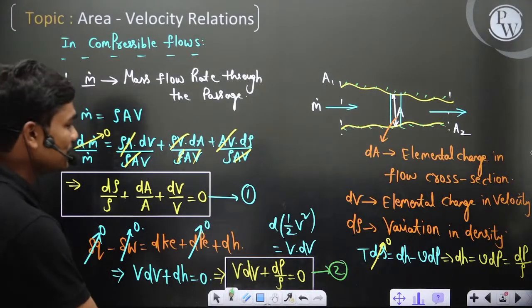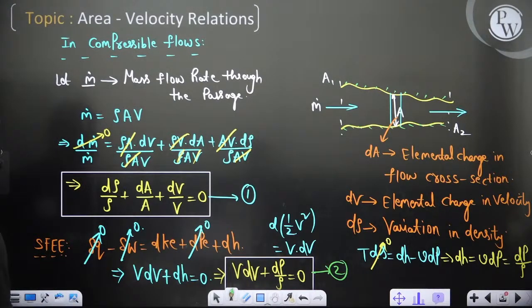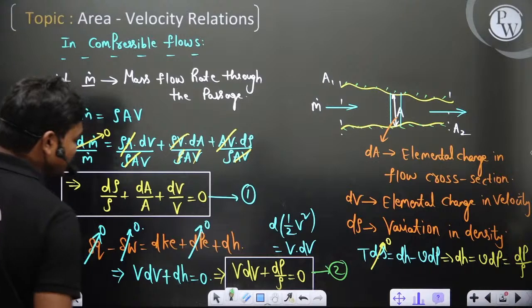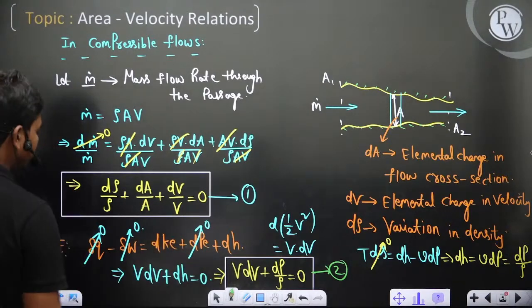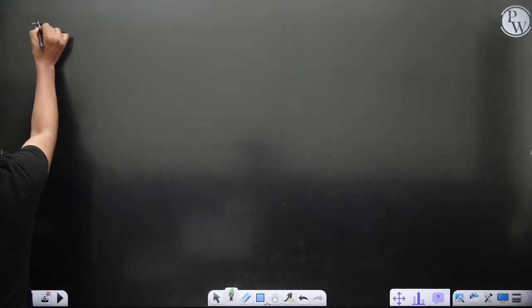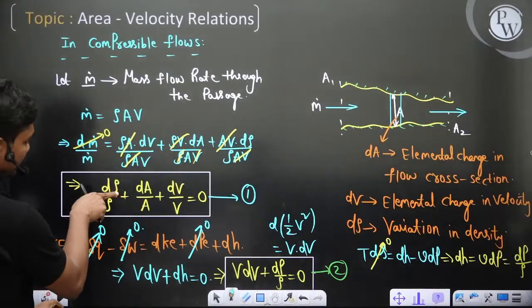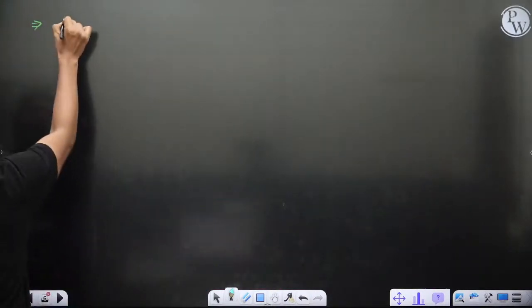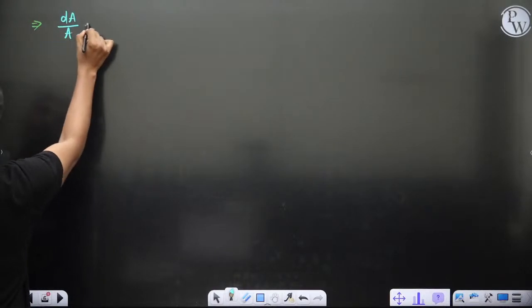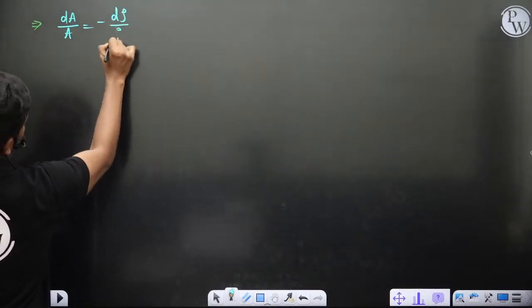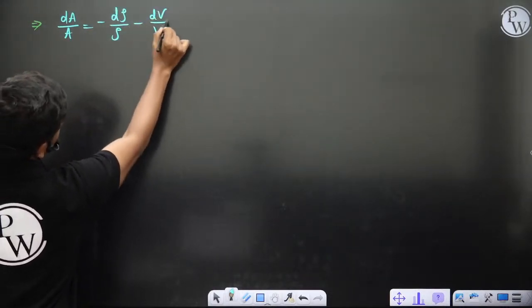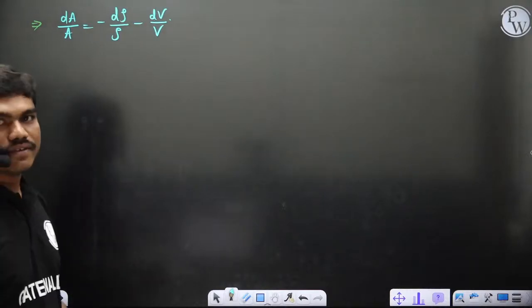So what we are doing: this is basically the continuity equation and this is the energy analysis. Now if you try to couple these two, let's see what happens. See here carefully, we know dA by A is equal to minus d rho by rho minus dV by V. So minus dV by V is what you have.